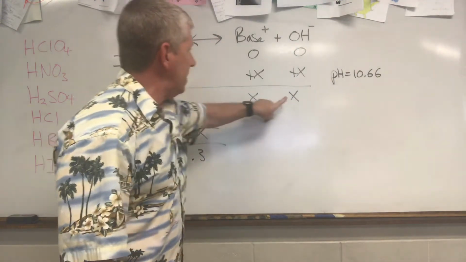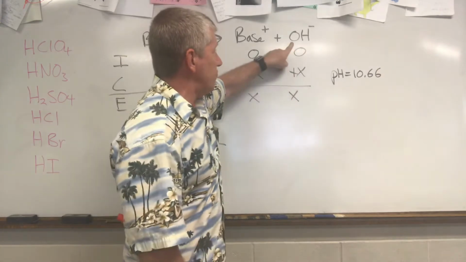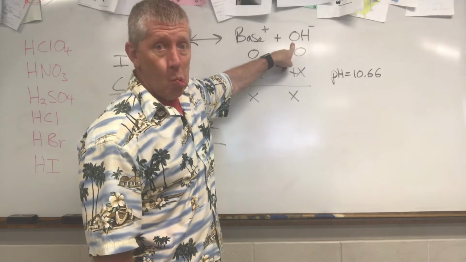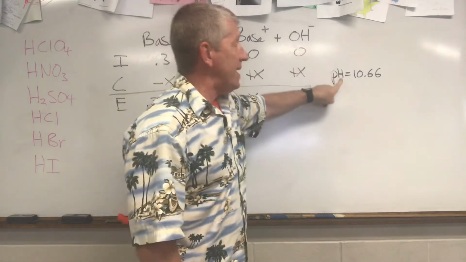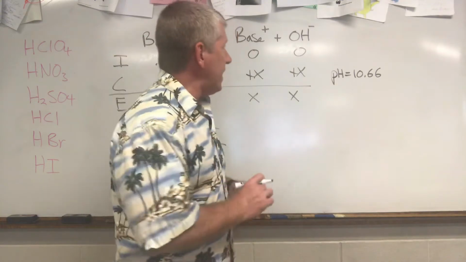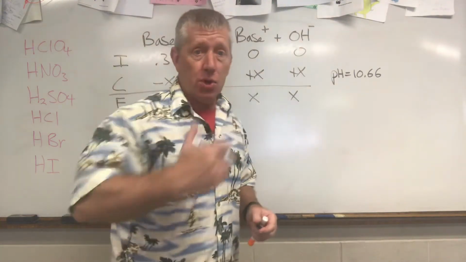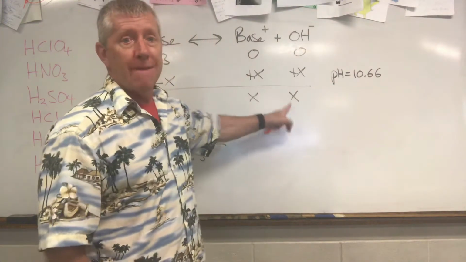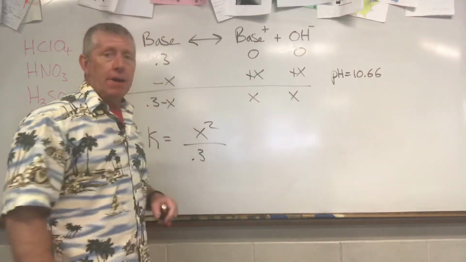X is going to be the concentration of the hydroxide. Now, we were given the pH of the solution. If I can use the pOH equation, solve for OH, boom. Got it, figure it out.